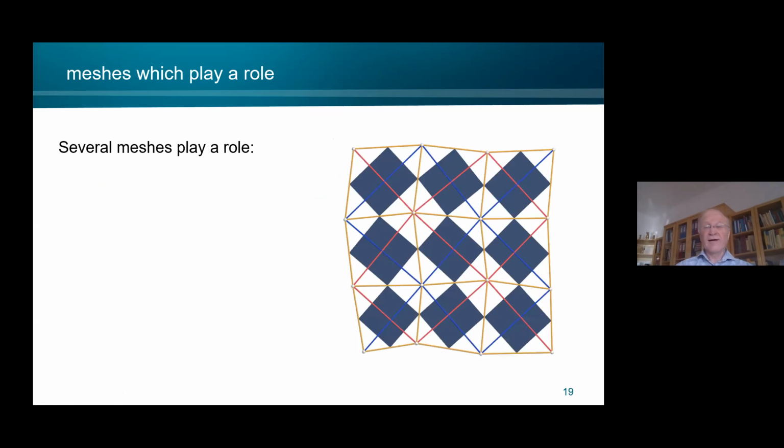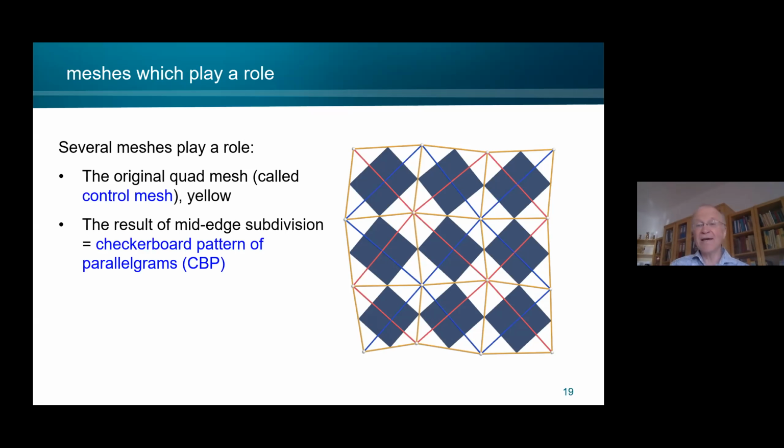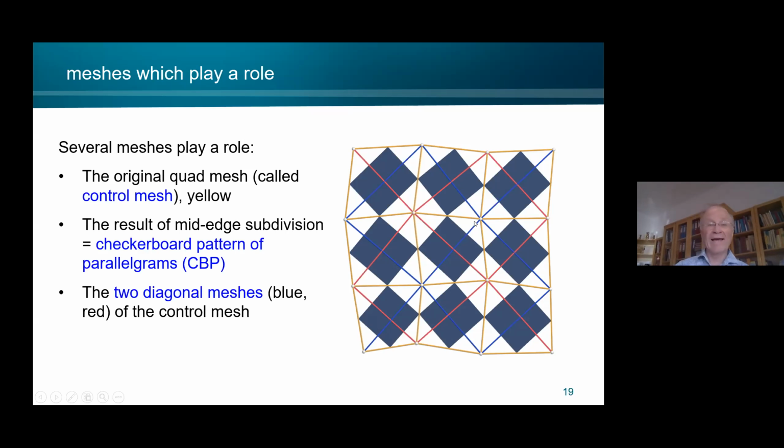Now, let me point out actually that several meshes here play a role. The yellow mesh, which is shown here, is the quad mesh I'm talking about, which we call the control mesh. Then we have by mid-edge subdivision the resulting checkerboard pattern of parallelograms, and we have two diagonal meshes.